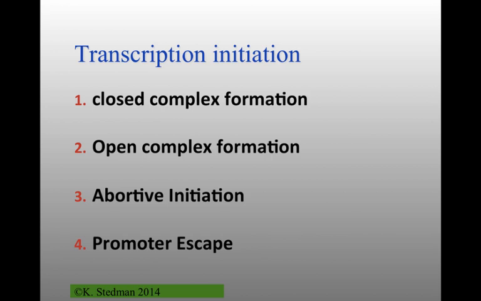Now, you might wonder why we've got all these extra steps involved in this whole process. Basically, each of these individual steps is a place that you can have regulation. You can regulate just binding of the polymerase to the promoter. We'll regulate how often you get that open complex that forms.